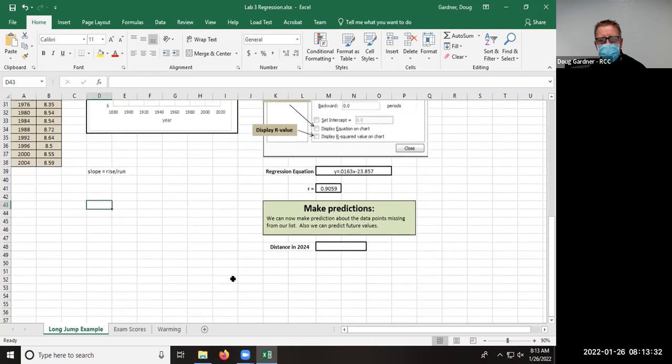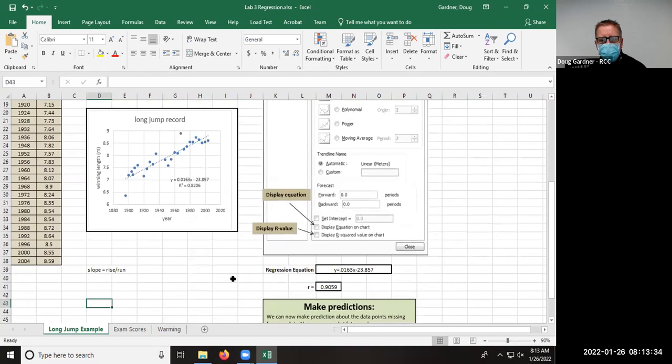And notice, we also said that the slope was the number in front of the x. So the slope here is 0.0163.